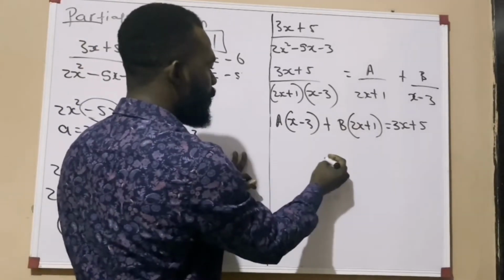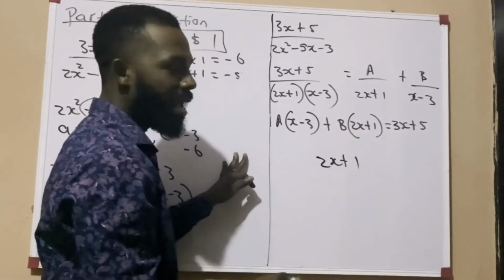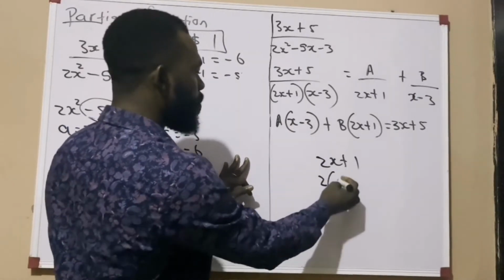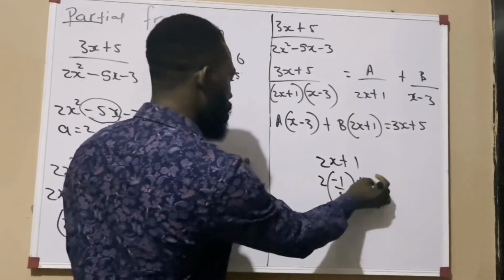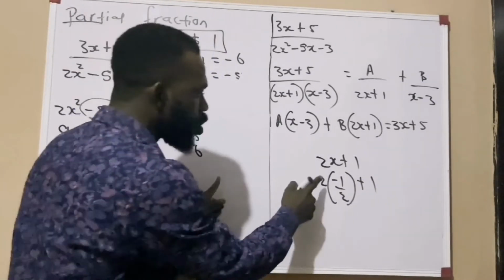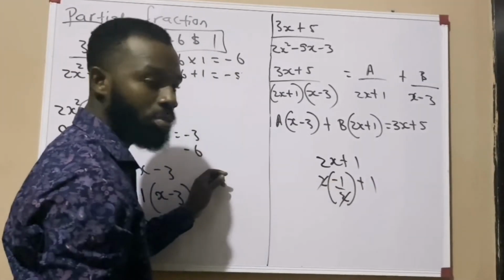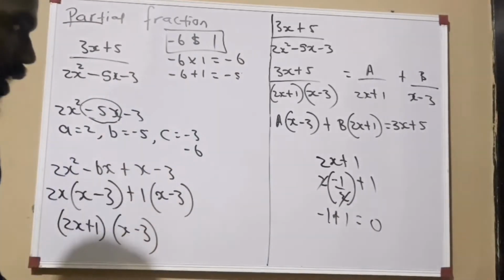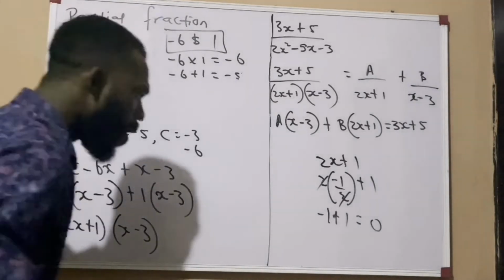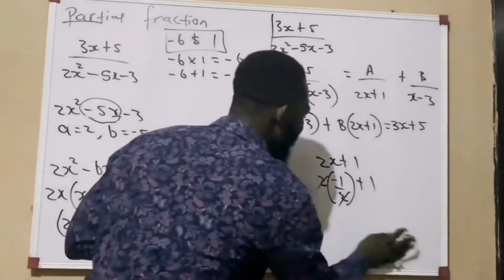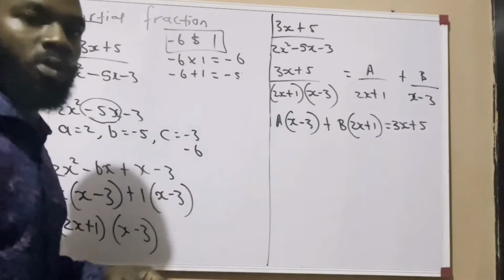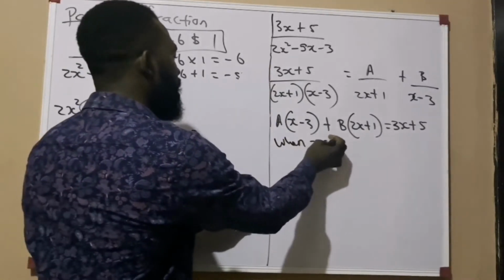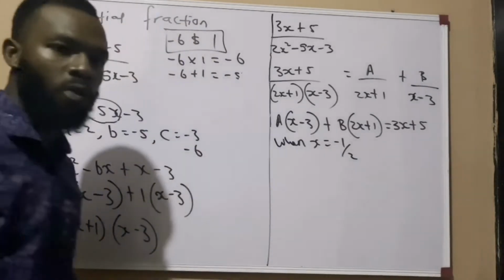How? Let us see. If I have 2x plus 1 and I said x is minus 1 over 2, it means I have 2 into bracket minus 1 over 2 plus 1. Okay, now if 2 cancels out 2, what do I have left? Minus 1 plus 1. And minus 1 plus 1 will give us 0. So it means for b to be 0, x will be minus 1 over 2. So I would say when x equal to minus 1 over 2.